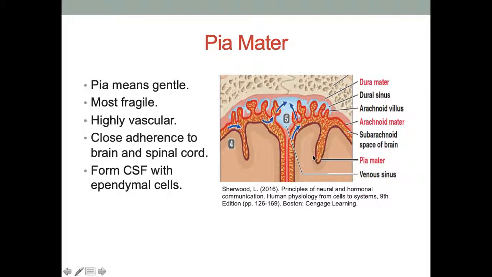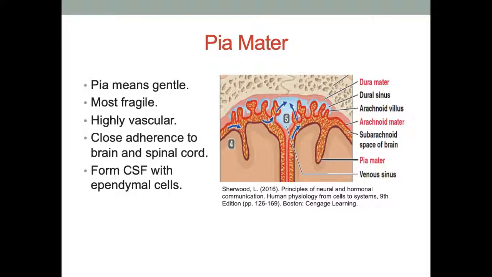Now the word pia actually means gentle, and this is the most fragile of the three meningeal membranes. So we got to be a little cautious with that. It is highly vascular, and it has a very close adhesion or adherence to the brain and the spinal cord here. So it's an outer covering, but it's directly stuck to it.